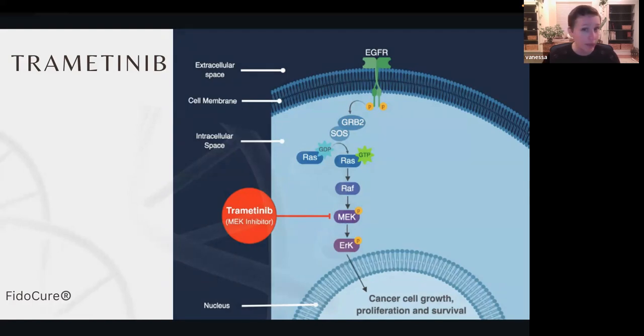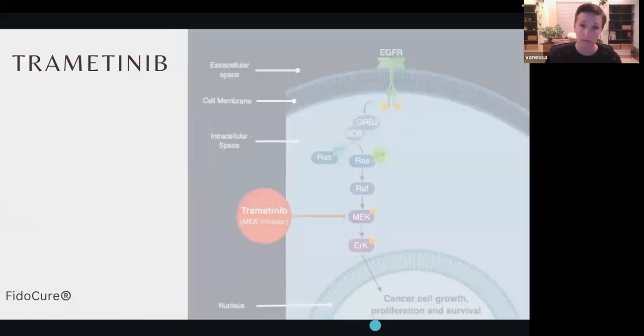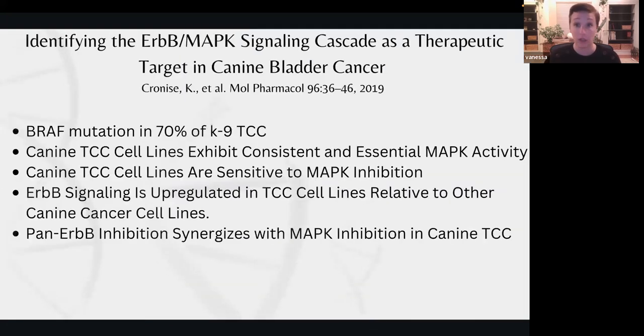So why am I telling you about these two drugs in particular? It's because of this paper and others like it. The BRAF mutation is found in 70% of canine TCCs. BRAF is a serine threonine protein kinase in the mitogen activated protein kinase signaling pathway. I know that's a mouthful, but it regulates cell growth, proliferation, differentiation, and apoptosis.